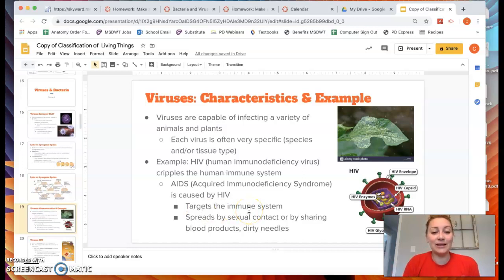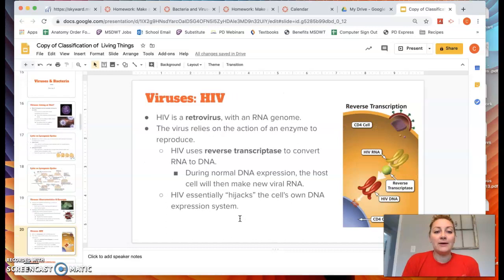But we know that HIV is spread by sexual contact or blood, or if you use dirty needles and things like that. With HIV, it's a retrovirus. It has RNA as its genome, not DNA. And it's going to use an enzyme to help it reproduce. If you remember transcriptase from all the way back in November, then you might recall that it helps with replicating the DNA of the cell.